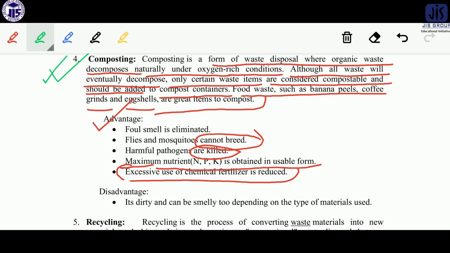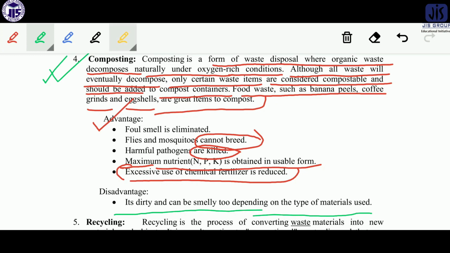And another thing is that it's dirty. Obviously it's a very dirty process. This can be smelly too, depending on the types of materials used, and some groundwater pollution is also possible from this process, as I discussed when we covered the disadvantages of the landfill process. So these kinds of problems are also possible in composting.